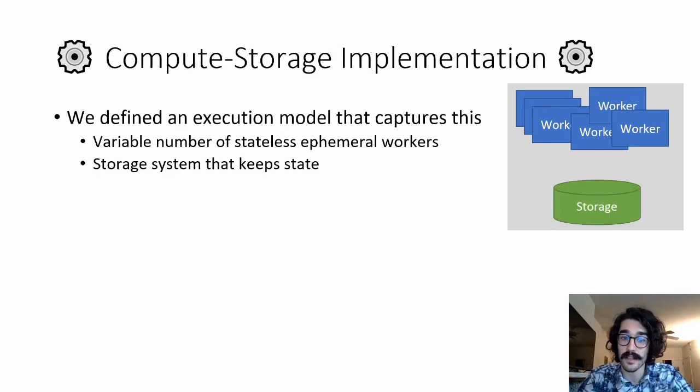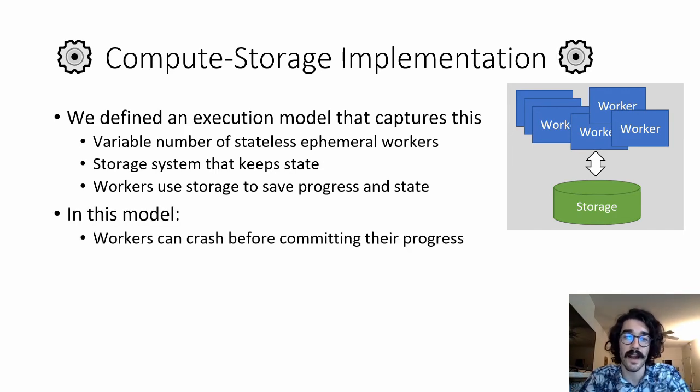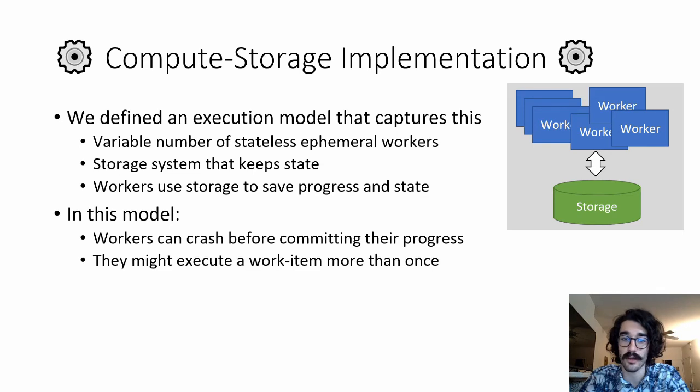There is a storage system that keeps the state. And workers use this storage system to save progress in their state by communicating with it. So in this model, workers are allowed to crash before committing their progress, and they might execute the work item more than once. Therefore, this describes the actual serverless system semantics.